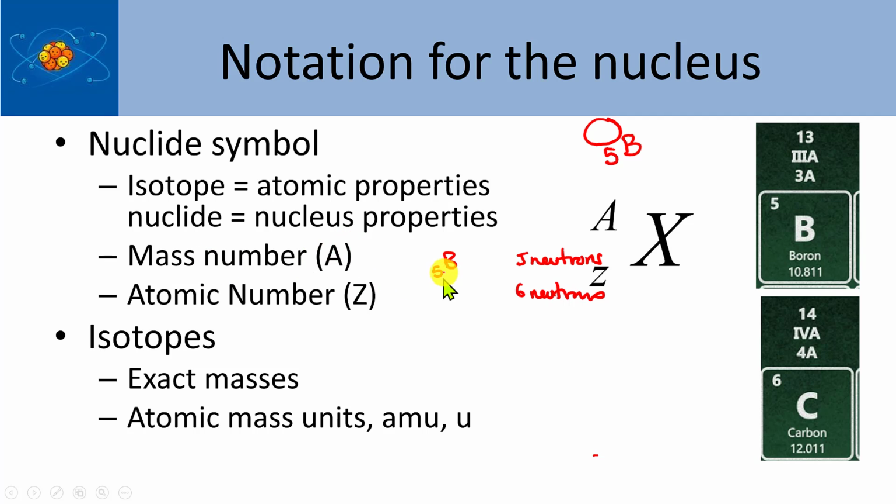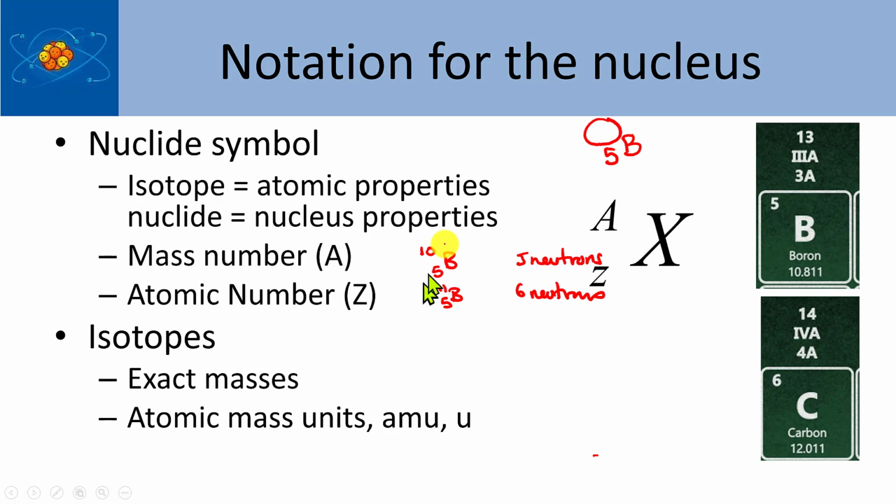So 5 protons and 5 neutrons gives us a mass number of 10. But if we look at, for example, the other isotope of boron, which is boron, and then 6 plus 5, right, because all boron atoms have 5 protons, we get boron 11.